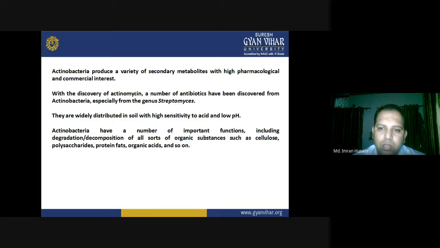Substances such as cellulose, polysaccharides, proteins, fats, organic acids, and so on. What they do is break these organic molecules into simpler substances, which enables a plant to absorb them in a very easy manner.